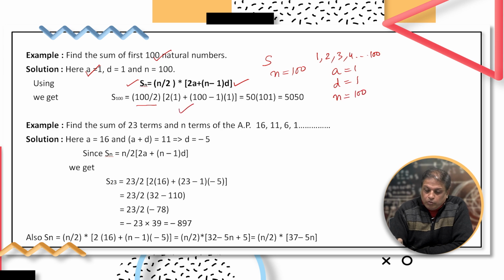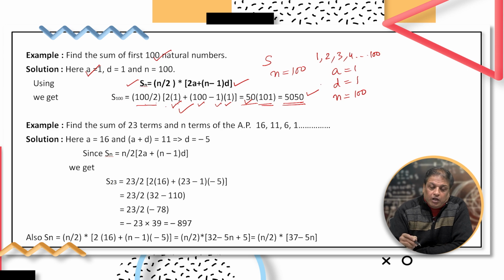Applying the formula you will get 100 by 2, that is 50, into (2 into 1 plus (100 minus 1) into common difference 1). So, that means 101 will be there, and 50 into 101 is 5050. So, the sum of the first 100 natural numbers turns out to be 5050.